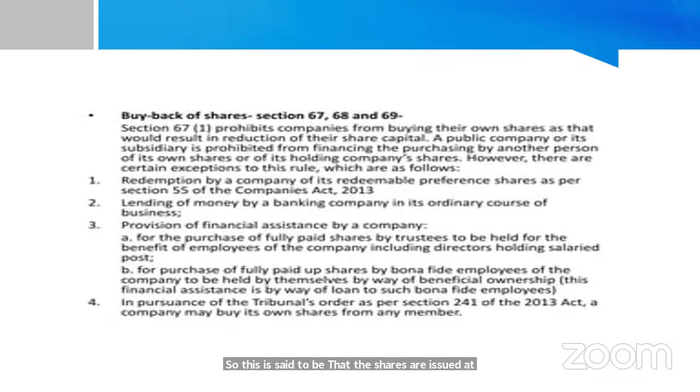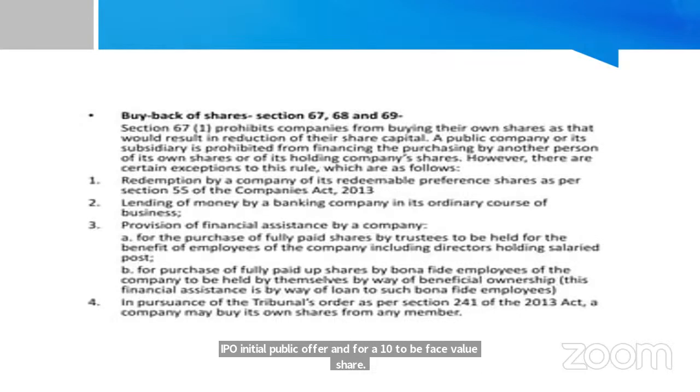When a company is issuing shares at a premium, whatever premium amount the company is receiving, let's say ABC Limited has gone for an IPO, initial public offer, and for a 10 rupee face value share, they are issuing it at 150, 160 rupees.